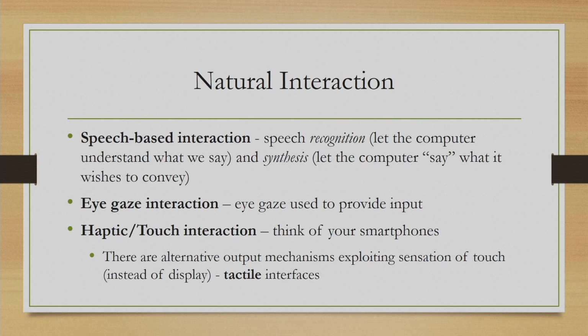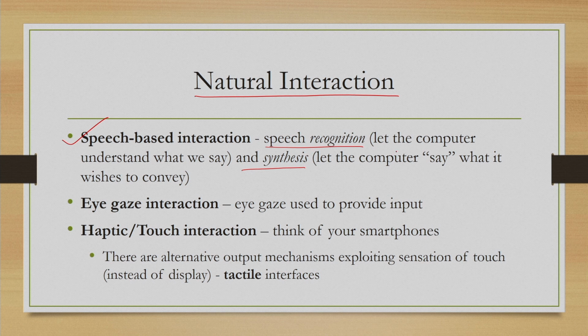So, all these input devices or input methods can be divided into broad categories. The objective of such devices is to provide means for natural interaction. So, they include speech based interaction. That means the computers are equipped with speech recognition and synthesis facilities.